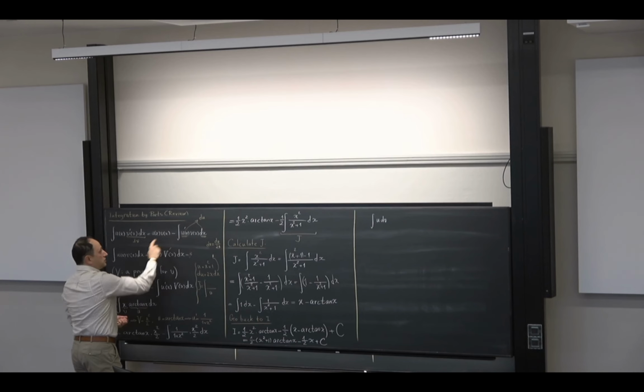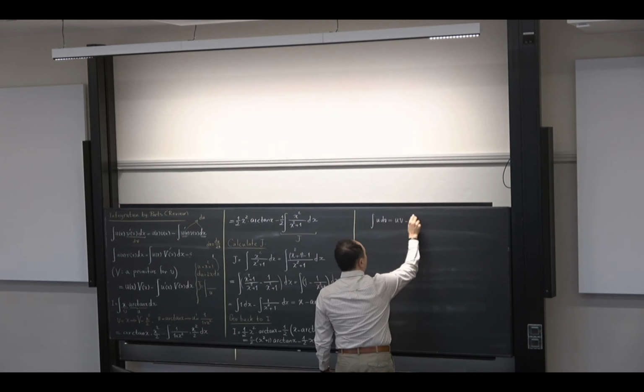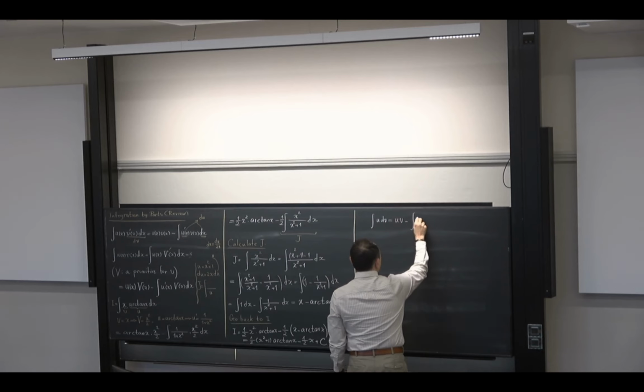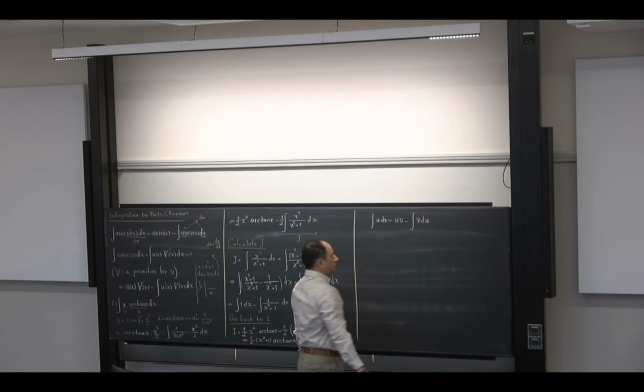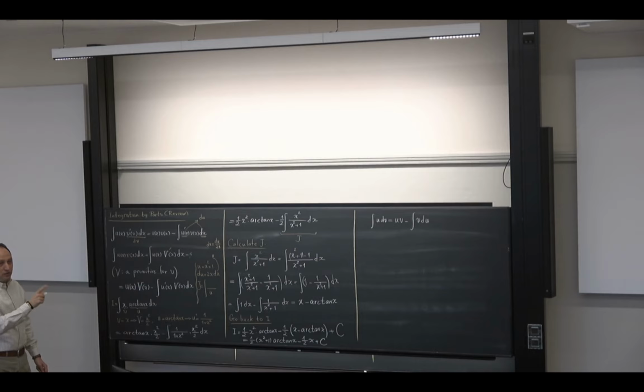And then they are suppressing x's, so the formula becomes uv minus integral v du. That's also the way I learned when I was doing integration by parts. It's easier to remember. So integral of u dv is uv minus the other way around, v du.